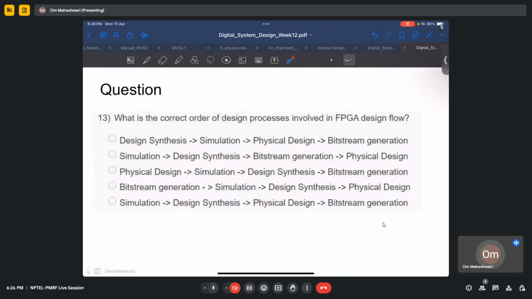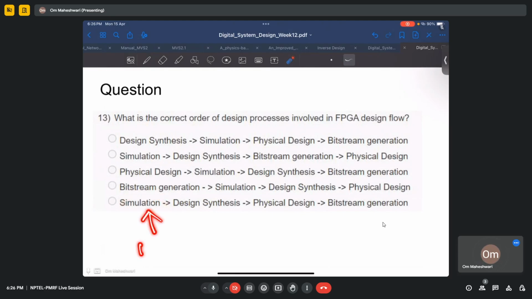What is the correct order of design processes involved in FPGA design flow? So as discussed, we start with a simulation.